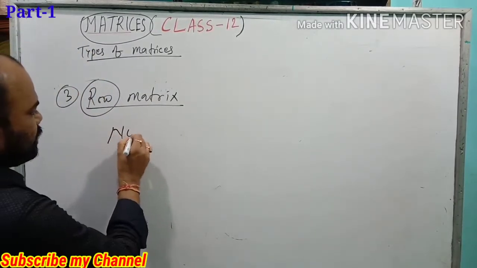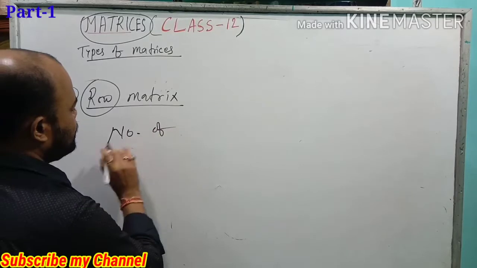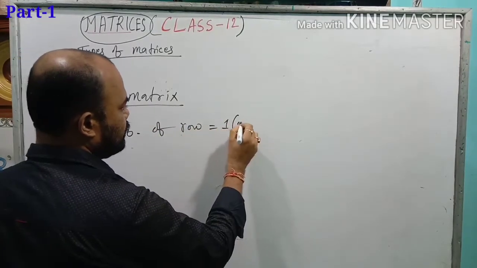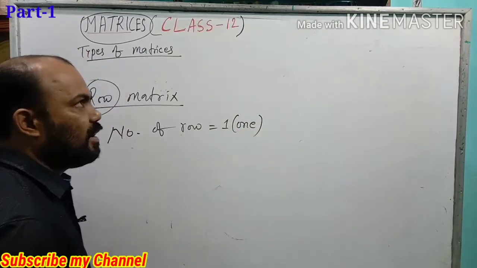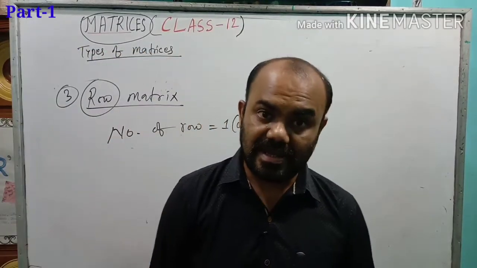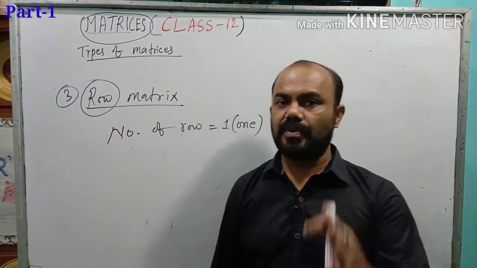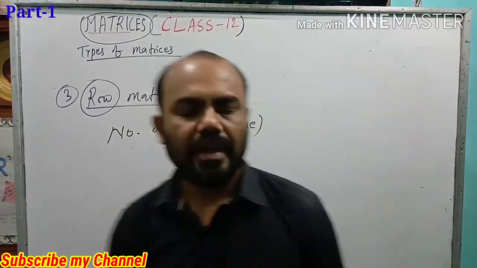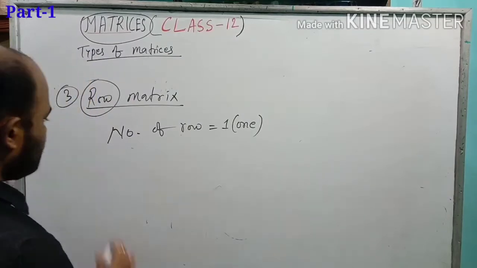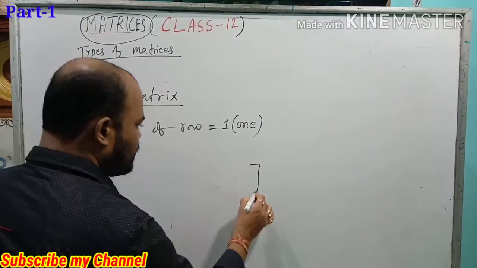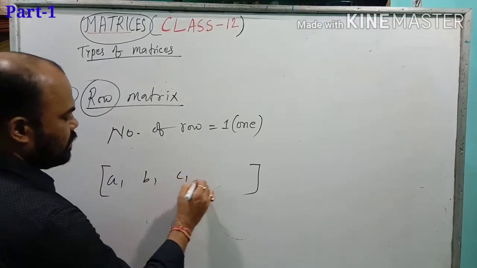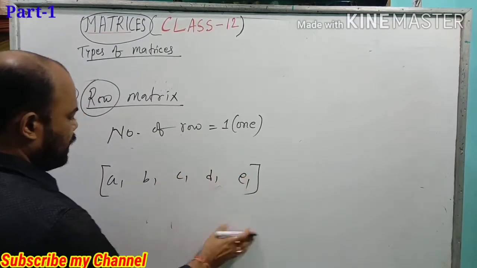Here you just remember that if in a matrix the number of rows is equal to 1, that matrix is called a row matrix. So what will be the structure of a row matrix? A single row is there. So I am writing the elements like A1, B1, C1, D1, E1.